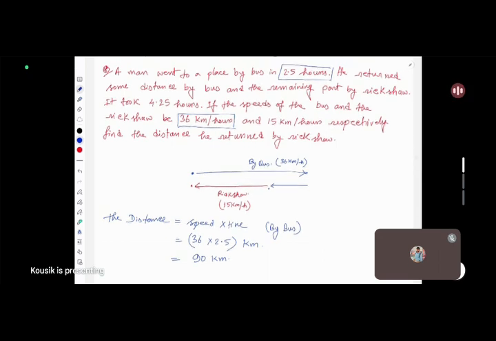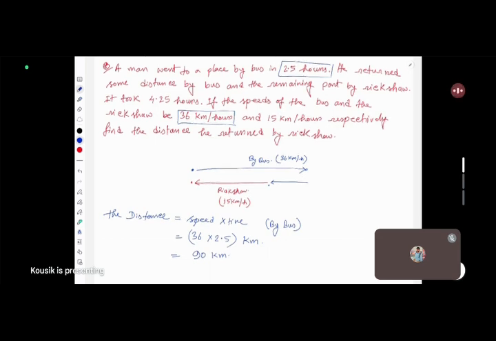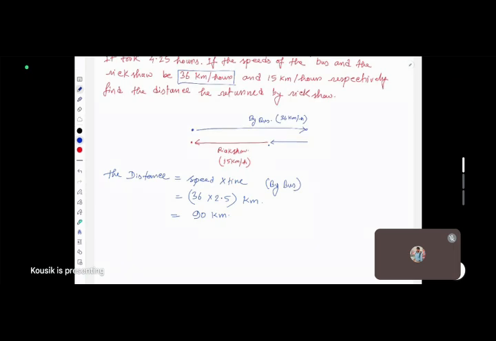But in the return journey, he could not return the whole 90 kilometers by the bus. He partly comes by bus and partly comes by the rickshaw. হ্যাঁ স্যার, রিক্সা দিয়ে একটু এসেছে তাই পুরোটা আমাদের 90টা দেওয়া যাবে না? না, তার জন্য টাইমটা ওদের বেশি লেগেছে। কতক্ষণ লেগেছে দেখ, 4.25 আওয়ার্স লেগেছে, ঠিক আছে তো?